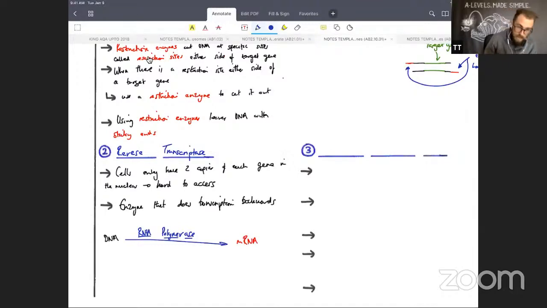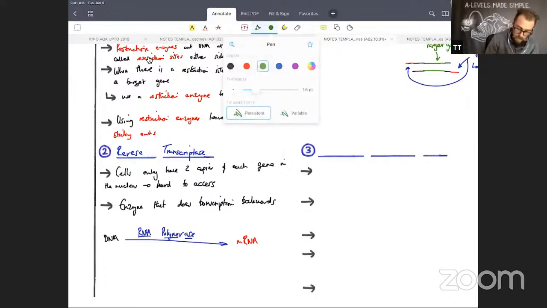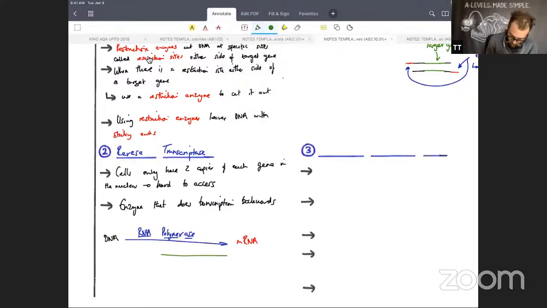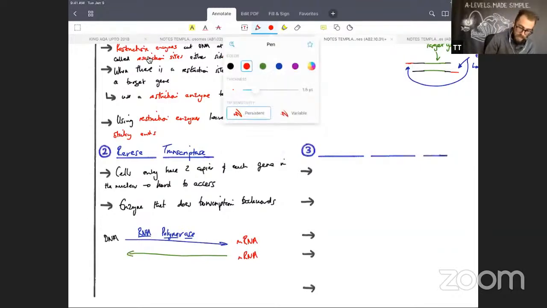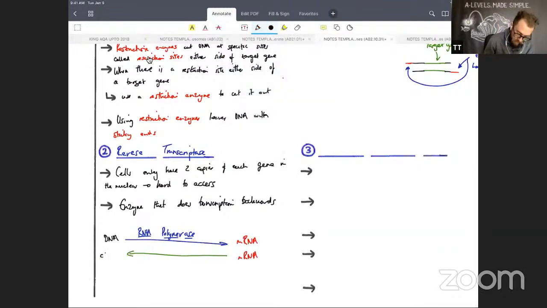In this specific instance, maybe I'll do this in a different color. We're going to go from messenger RNA backwards into DNA. We call this type of DNA, someone's already raised this in the chat, complementary DNA. I'm going to label this first, and the enzyme here is reverse transcriptase.